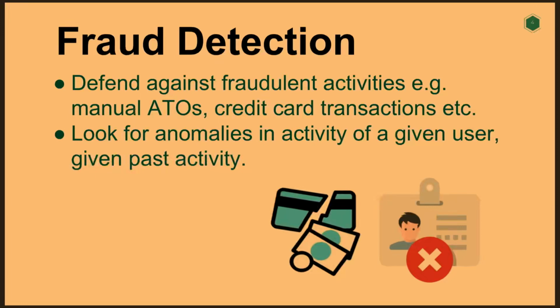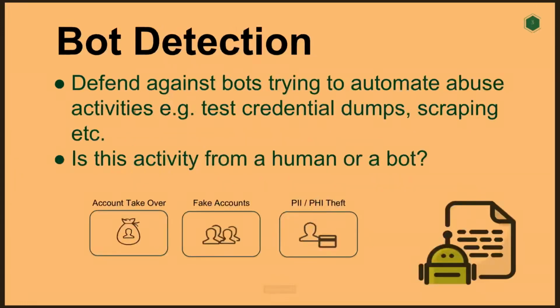So here you're essentially looking for, is this new credit card transaction, does this fall in the same category of behavior given past transactions and so forth. Another category is manual account takeovers. So here, again, you're looking for anomalies given past historical data. And in bot detection, you're looking for anomalies given an entire population of data, if you want to think about it in these terms.